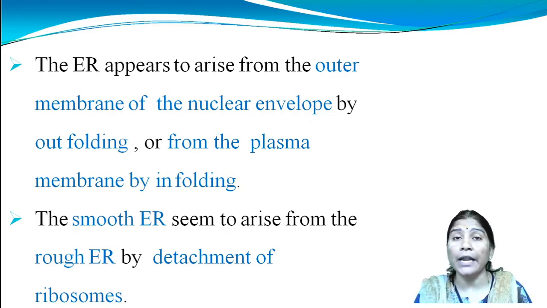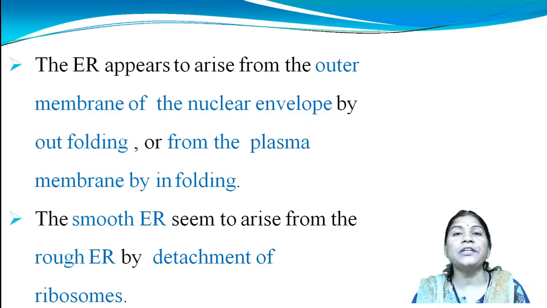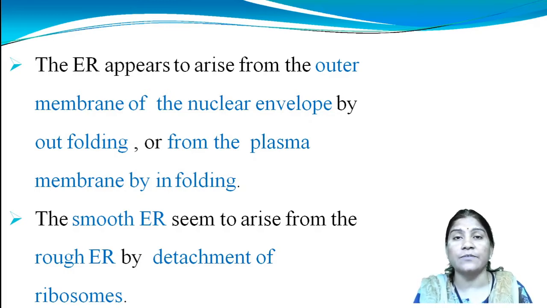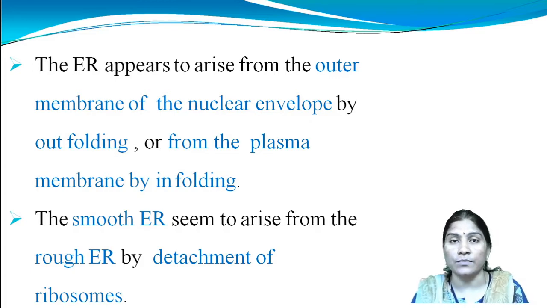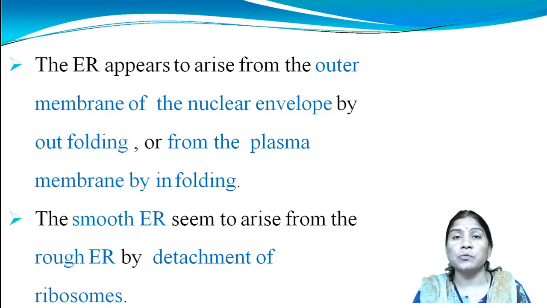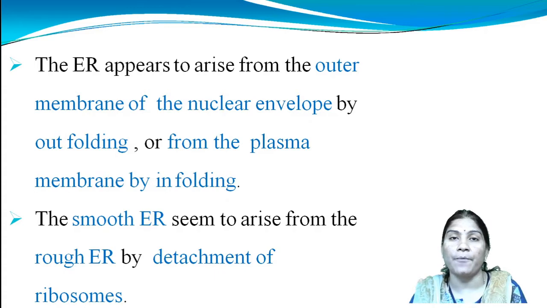So, the smooth endoplasmic reticulum arises from the rough endoplasmic reticulum by means of the detachment of the ribosomes. We know that on the framework of these endoplasmic reticulum, there is the presence of ribosomes. When the ribosomes are present, we call it the rough endoplasmic reticulum.